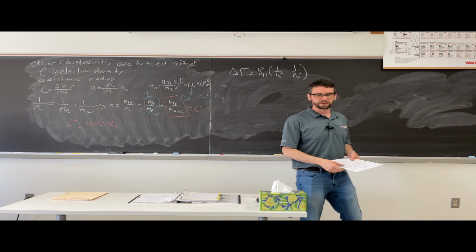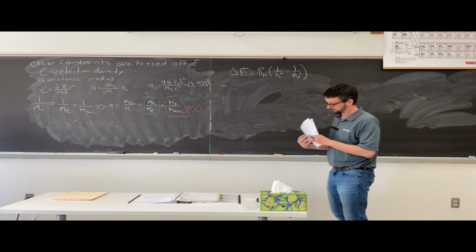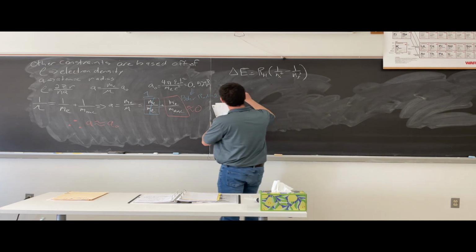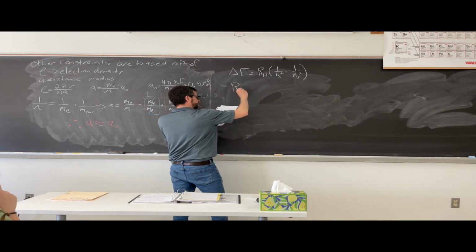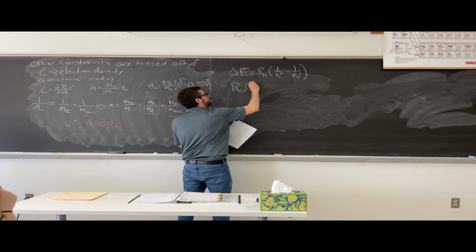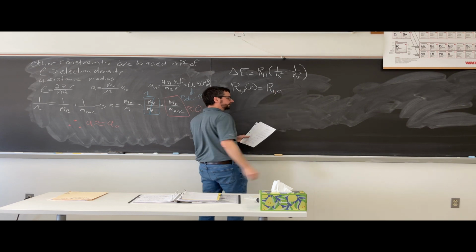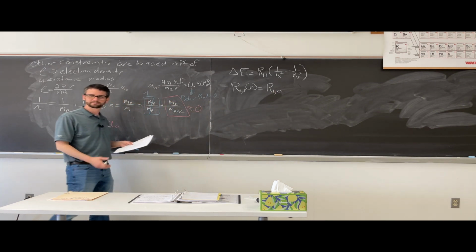So on that sheet where we have a bunch of different radial functions, for example, R n,l of r, let's say we're looking at 1, 0. What type of function is that?